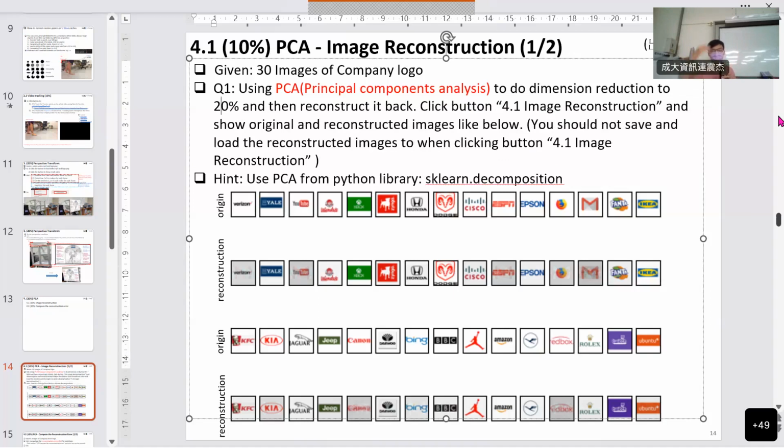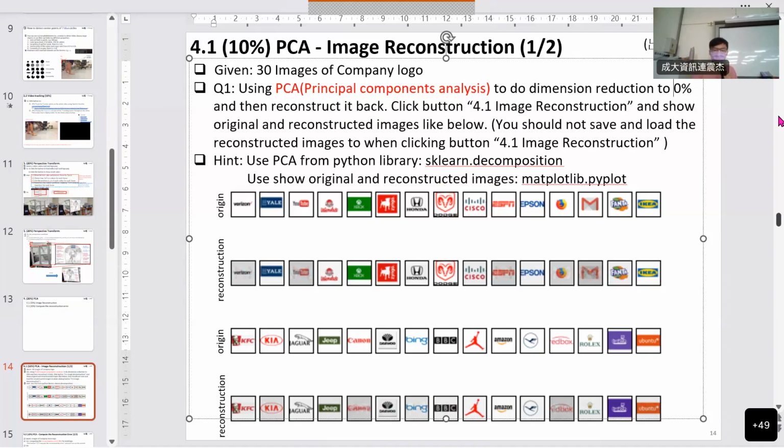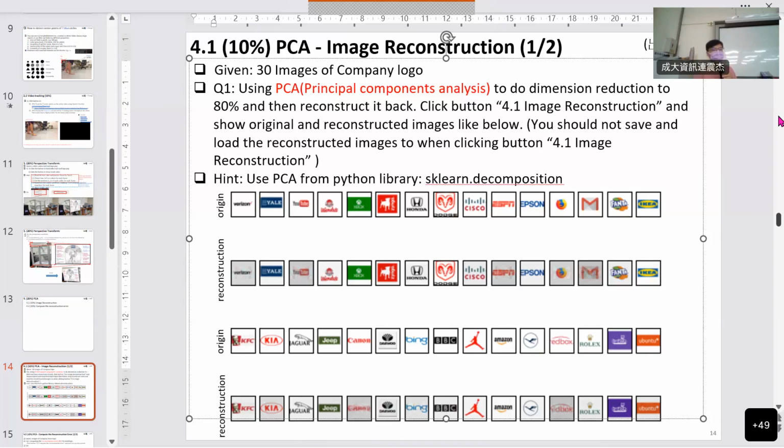So my meaning is reduce to 80%. Yeah. Okay. So you use the remaining 80% dimension to reconstruct the image back.